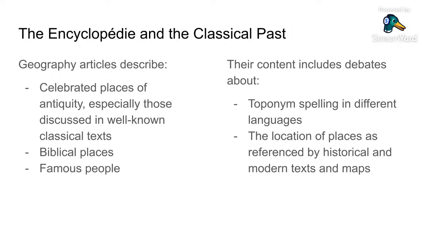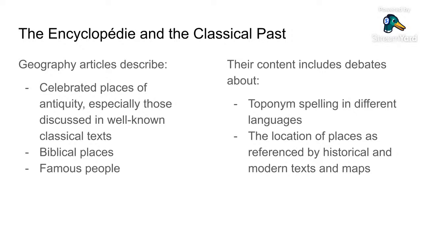Indeed, there's a really important subset of biblical places that are described in articles. And importantly, geography articles are a vehicle for communicating biographical information about famous people as well. So there's a really interesting subcorpus of articles in the geography class that are actually biographical articles, and a number of those are about classical figures.